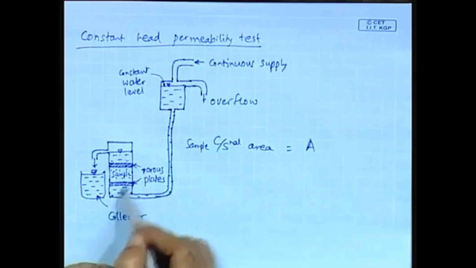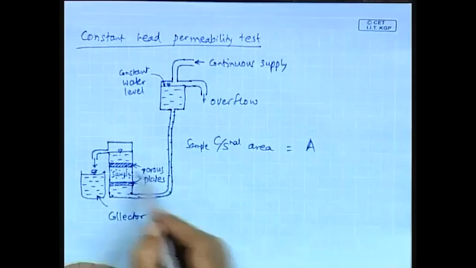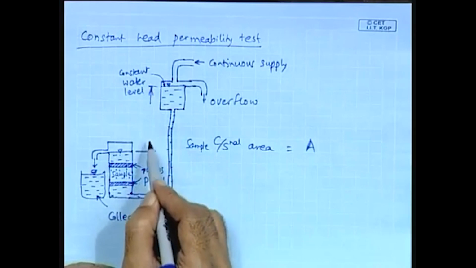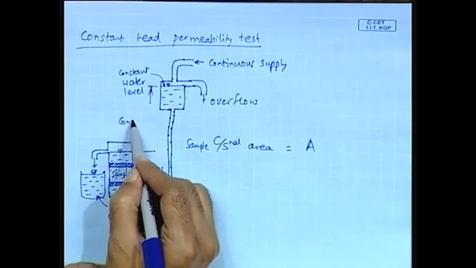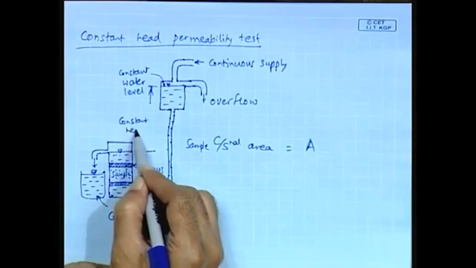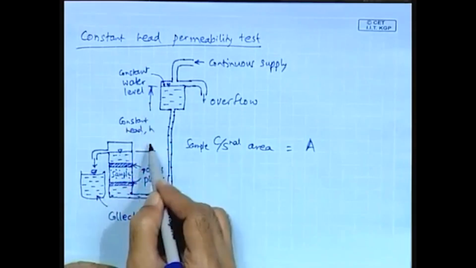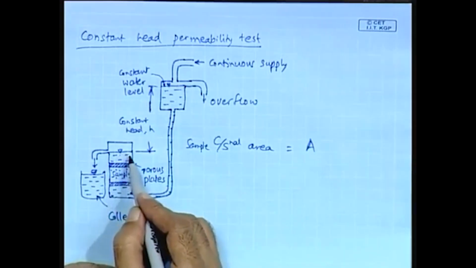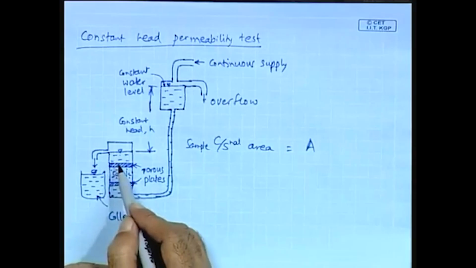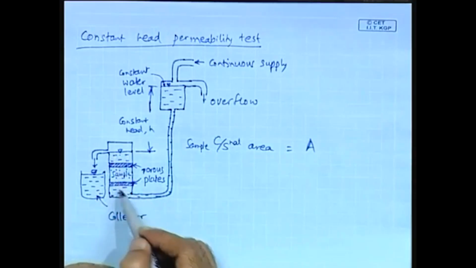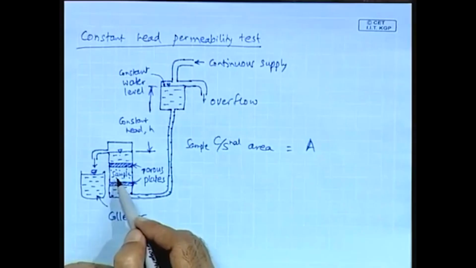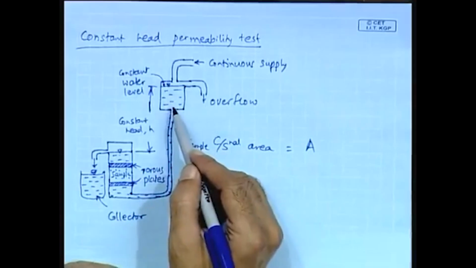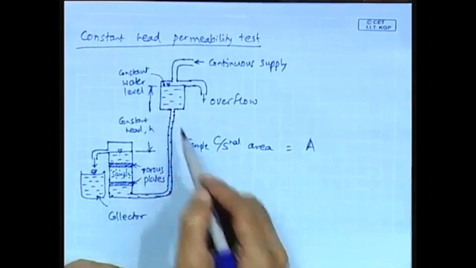In this case the flow is from bottom to top, and this is known as the constant head H, which is essentially the level difference between the constant level in the apparatus after the flow takes place through the soil or rock sample, as well as the constant water level in the supply side.